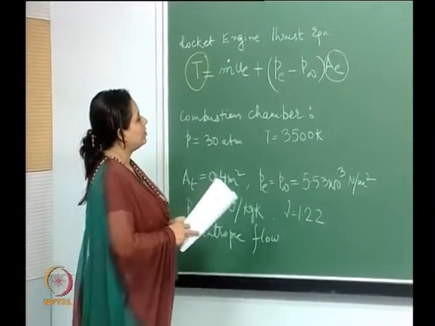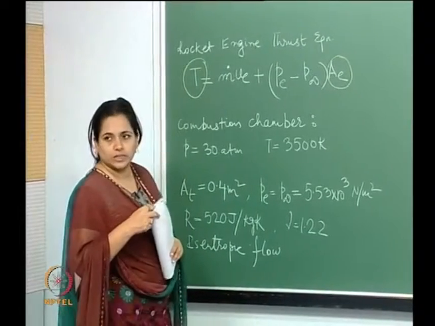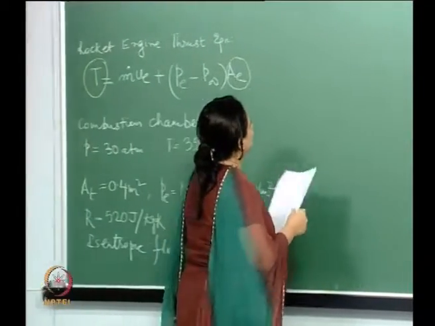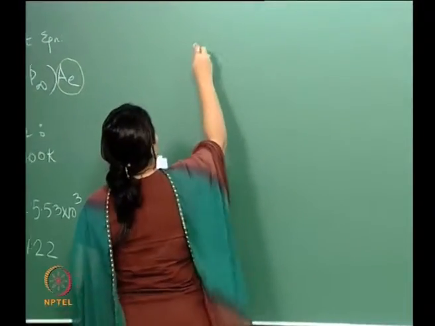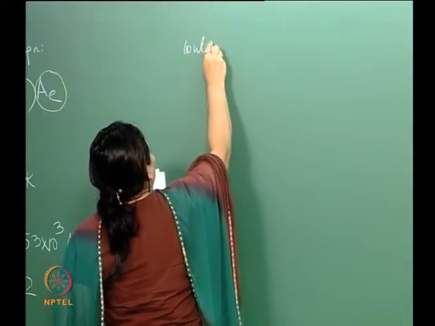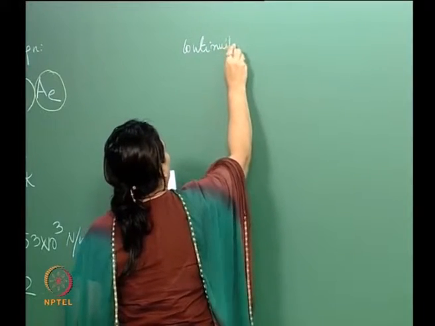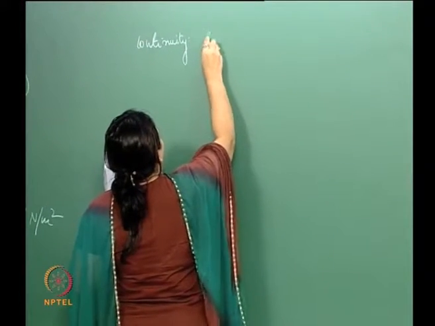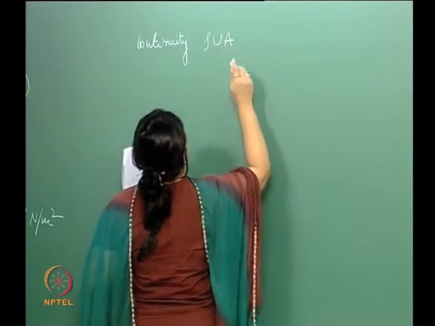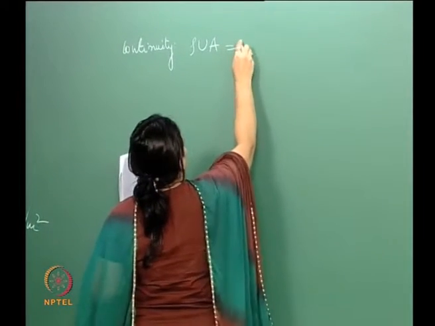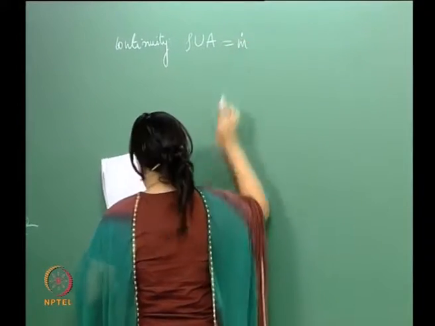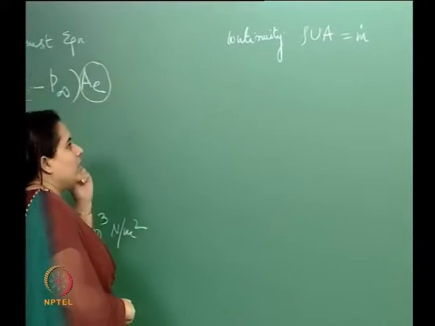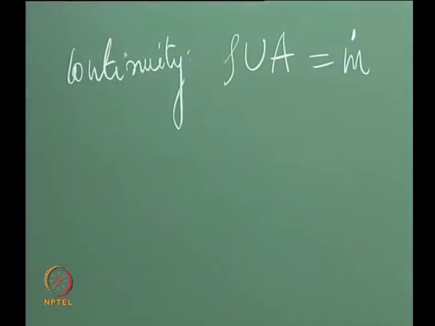Let us go ahead, how will we go about this. Now, let us start with the continuity equation. So continuity equation tells us what? So from continuity, what would be a convenient place to consider this mass flow rate?